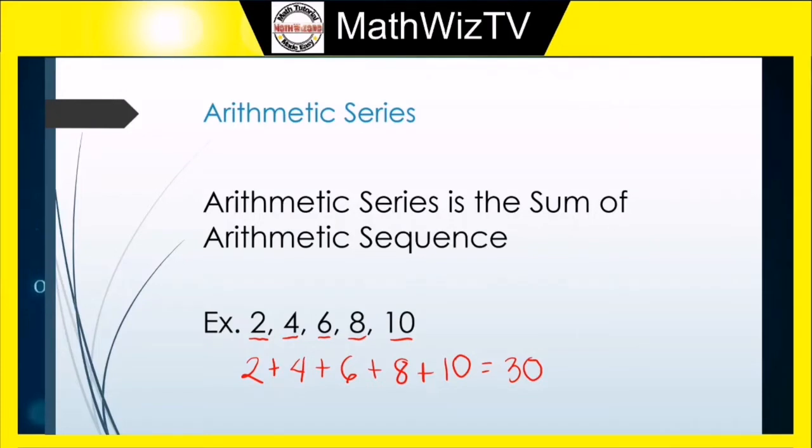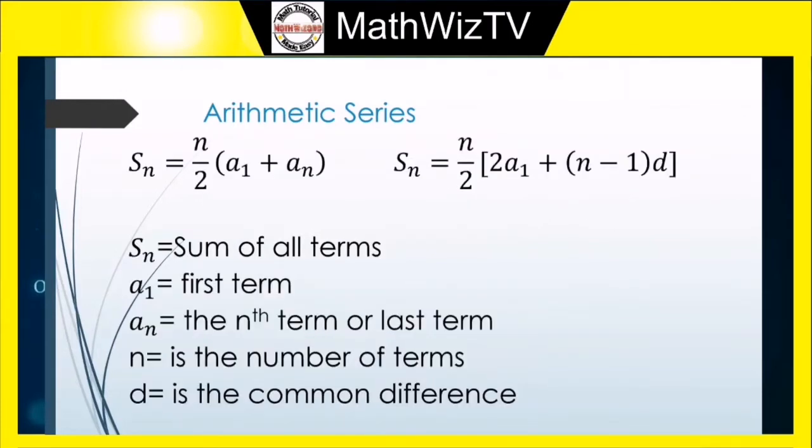Let us have another example. But before that, let us identify the formula we need to use. The formula that we need to use is S sub n equals n over 2 multiplied by the quantity a sub 1 plus a sub n.